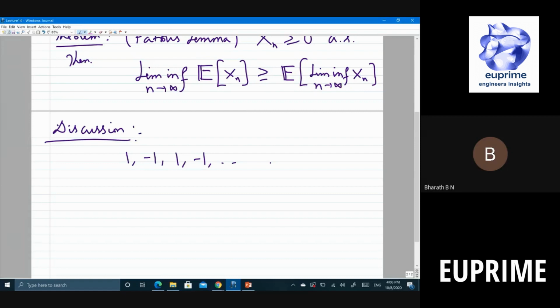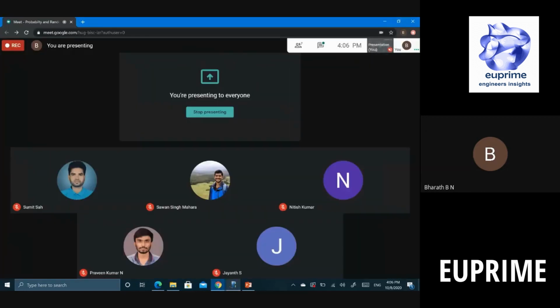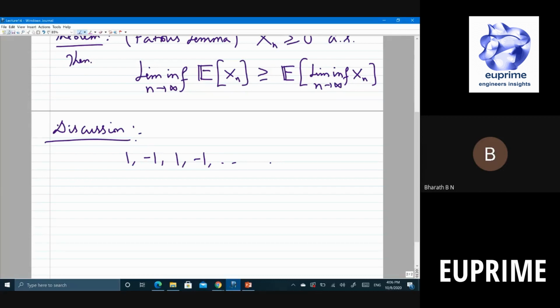Now what can you say about this sequence? Will it converge? No, it doesn't, because it can either converge to 1 or minus 1, but it's alternating between 1 and minus 1.